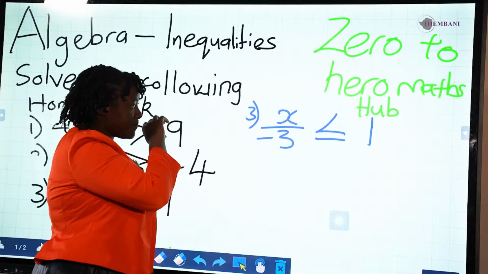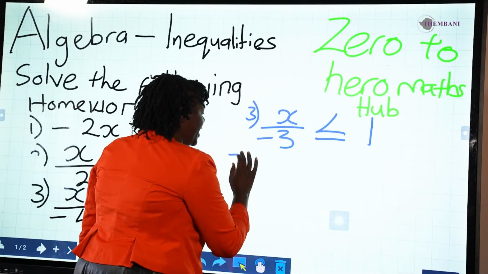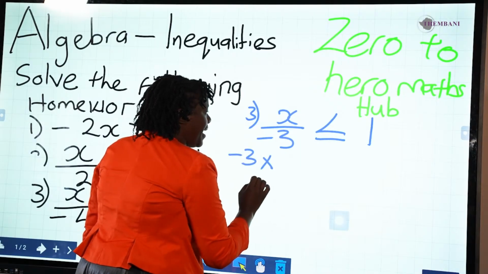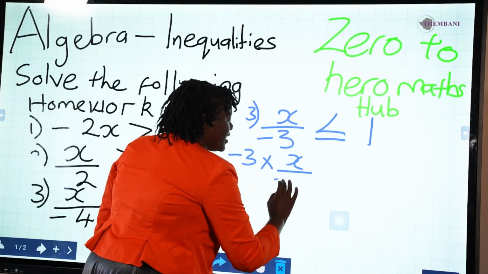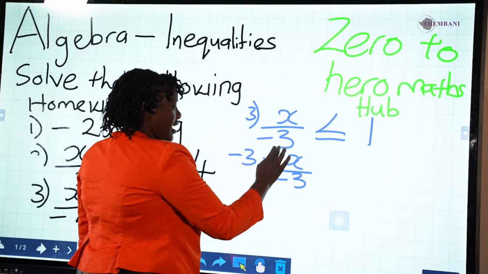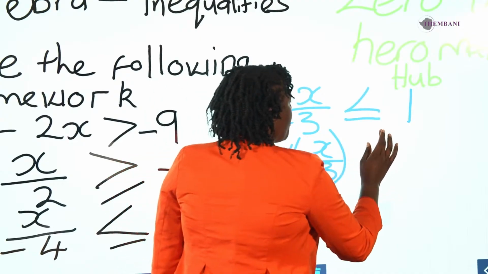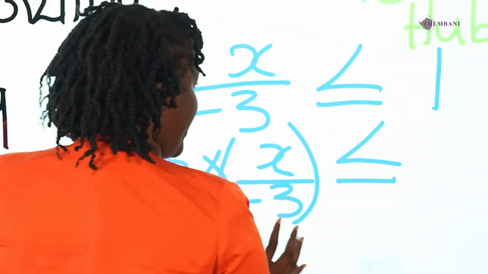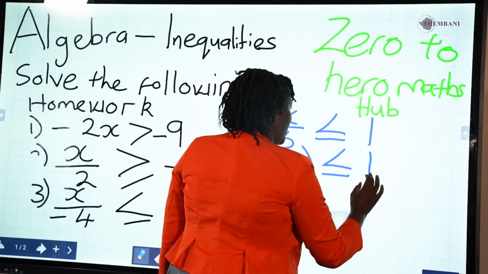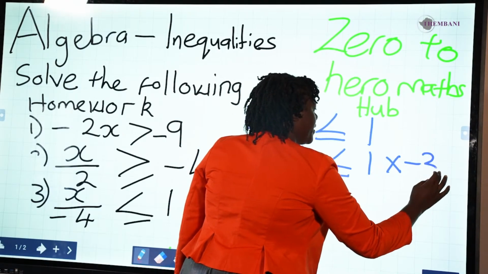So in this case, we are going to have negative 3 multiplied by x over negative 3. We can put this in brackets. And then this is less than or equal to 1 multiplied by negative 3.